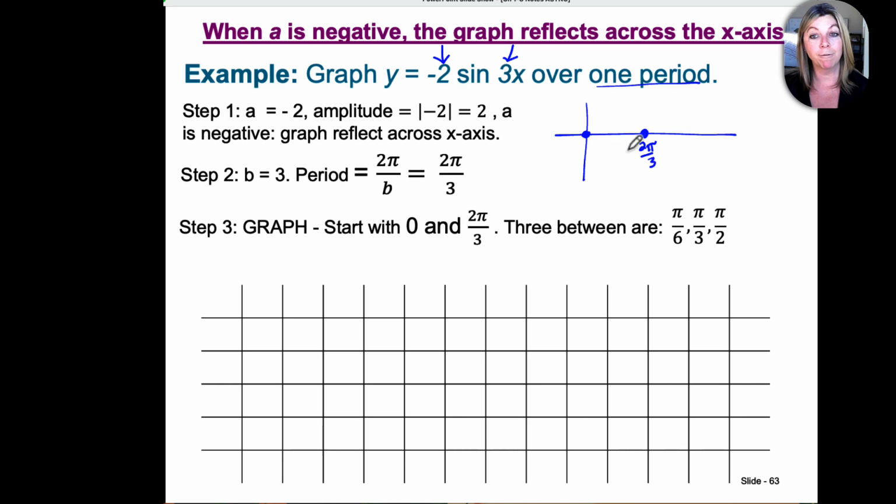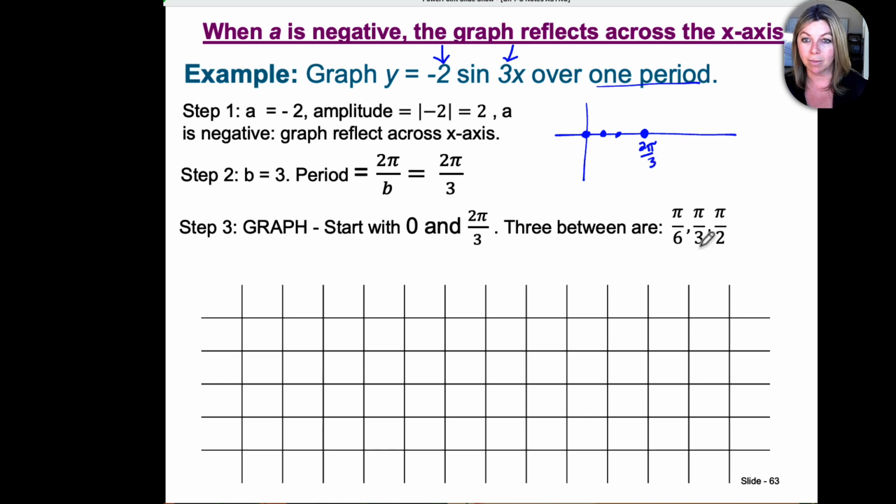So if you go 1/4 of the way to 2 pi over 3, just think about it as multiplying by 2 pi over 3 times 1/4, okay? 2 pi over 3 times 1/4 is 2 pi over 12, which simplifies to pi over 6. So 1/4 of the way, we're going to be at pi over 6. Half of the way, think about taking your 2 pi over 3 and multiplying it by 1/2.